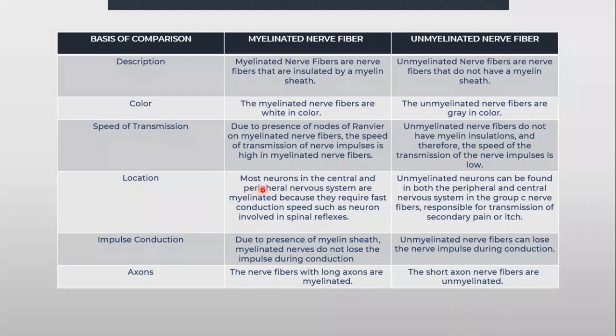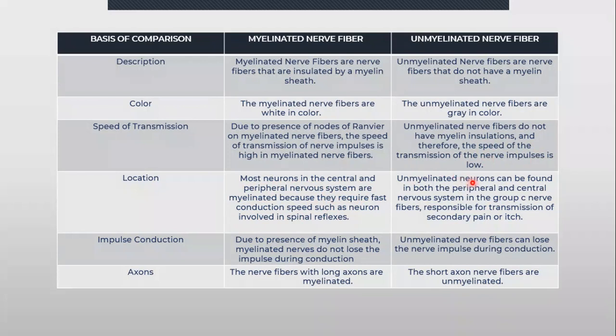In terms of location, most neurons in the central and peripheral nervous system are myelinated because they require fast conduction speed, such as a neuron involved in the spinal reflex. So any fast reflex or fast response travels through the myelinated nerve fiber.